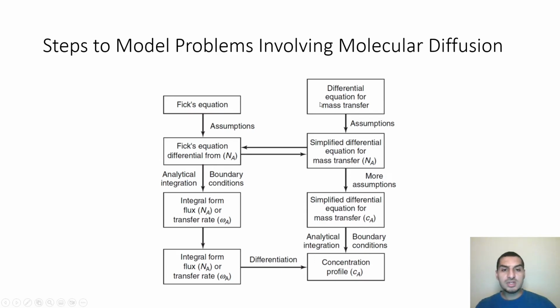So you start with the differential equation of mass transfer, and then you put your assumptions, and then you have a simplified differential equation of mass transfer after cancelling the zero terms, and then you get the diffusion mass transfer equation, which puts NA equals negative C DAB partial y partial z, whatever the equation that you have, and then you substitute with this equation in here, and then you can have more assumptions related to the flux equation, and then you get the differential equation in terms of C instead of N, and then with the boundary conditions and initial conditions you can integrate the equation and get the concentration profile.